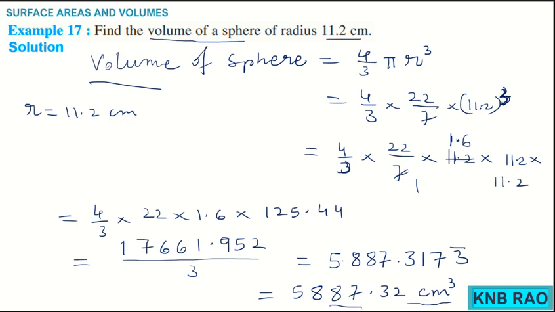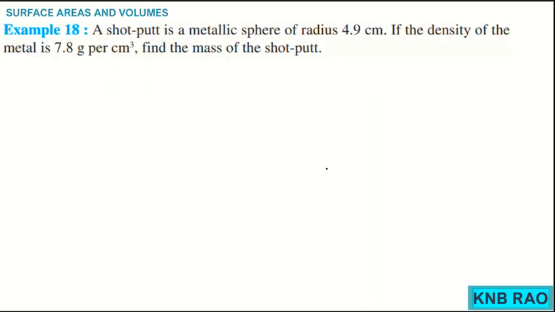Now, coming to example number 18. A shot put is a metallic sphere of radius 4.9 centimeter. If the density of the metal is 7.8 grams per centimeter cube, then find the mass of the shot put. See children, mass is always the product of density and volume.